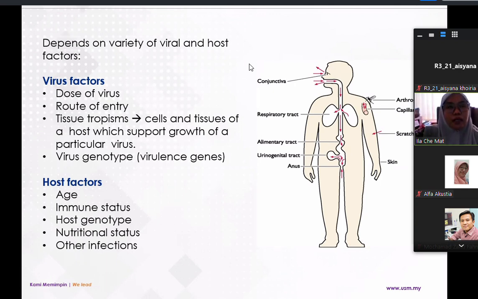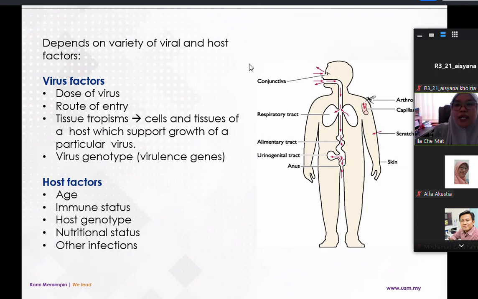But what kind of criteria, what kind of factors influence whether an individual gets a disease or not? For example, during COVID-19, everyone living in the same family, some of them are positive with no symptoms, some have very bad symptoms, and sometimes one individual in that family did not get the infection at all.